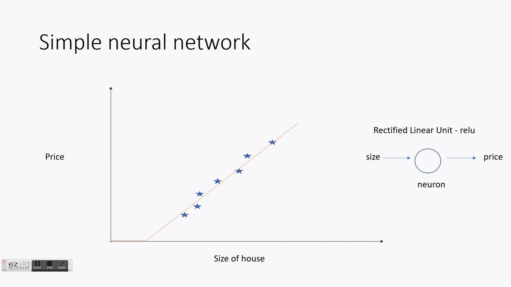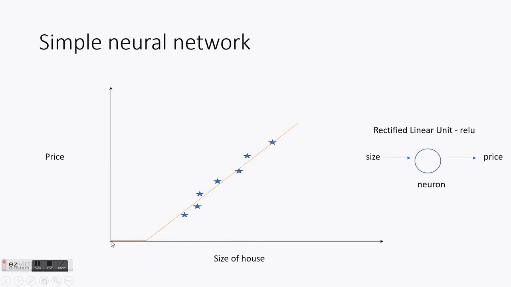Now let us take an example of a simple neural network. Given the size of a house and a price, let us assume these are the data points. We can draw a simple straight line which will pass through all these points. We also know that for a size of house less than this, the price cannot be negative.